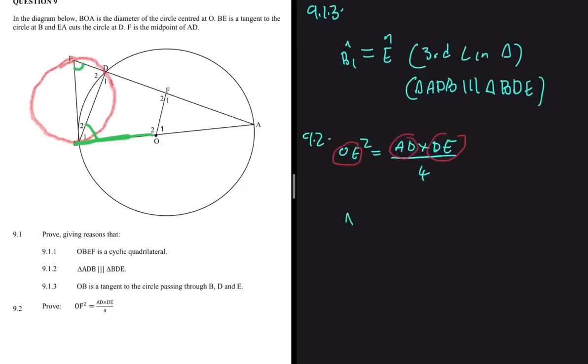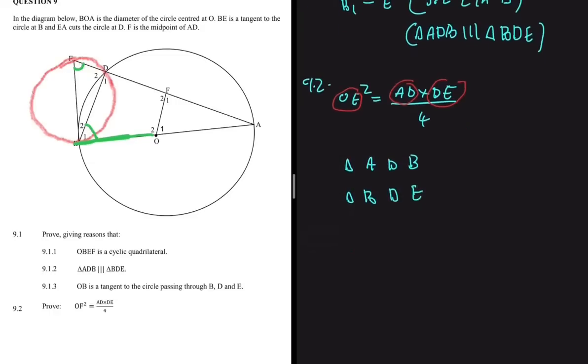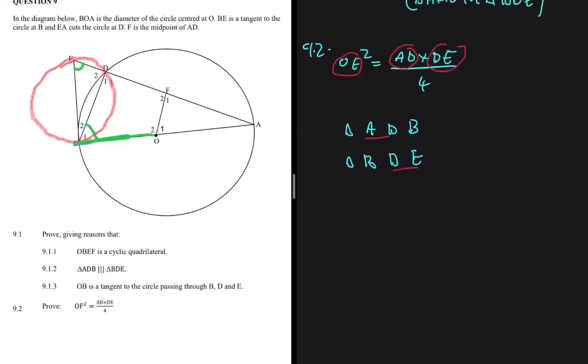We have triangle ADB, and here we have triangle BDE, right? And which sides are we looking for? We're looking for AD and DE. So because the two triangles are similar, we can say that line AD on this first triangle, divided by line DB on that triangle, will be equal to line BD on this triangle here, divided by line DE.